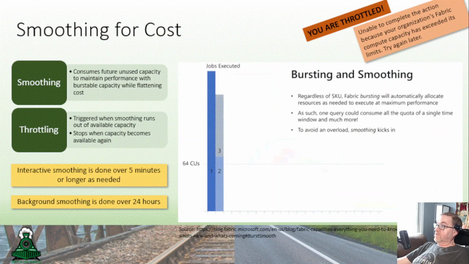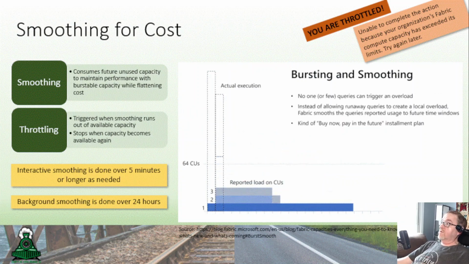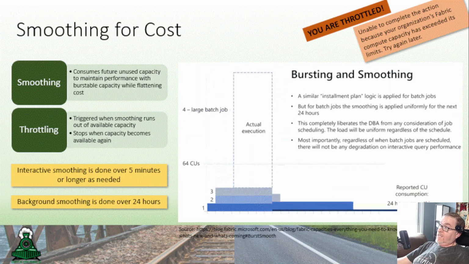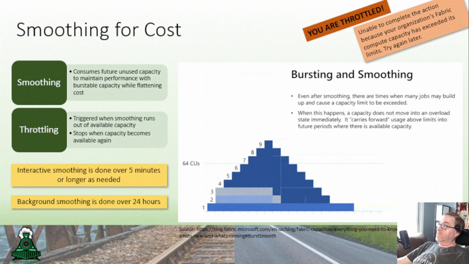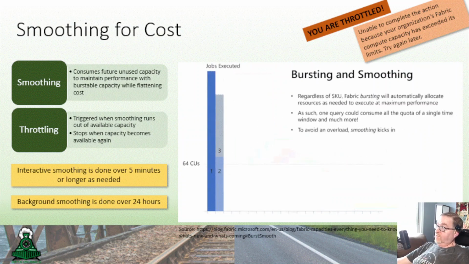Background smoothing is done over a 24-hour period and will continue to allow background operations to operate in a cost-effective manner. This includes operations that are typically attached to the data warehouse portion of Fabric.